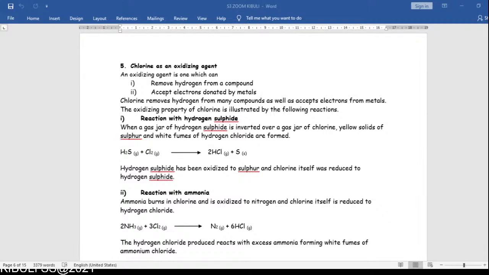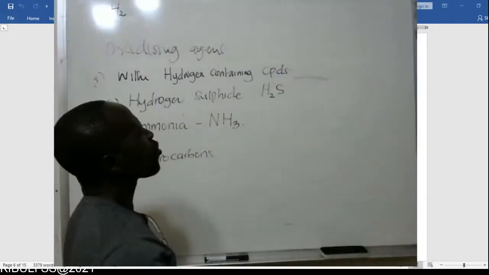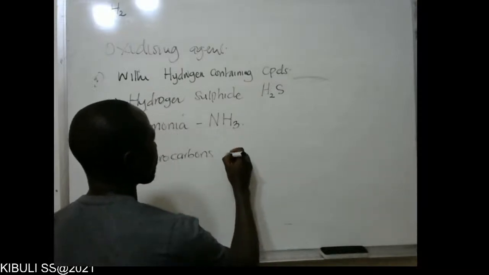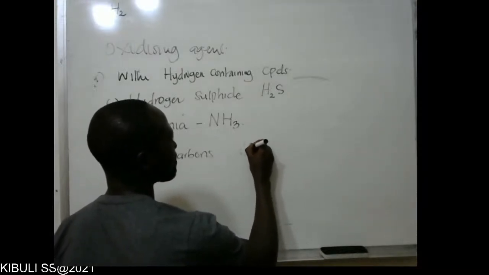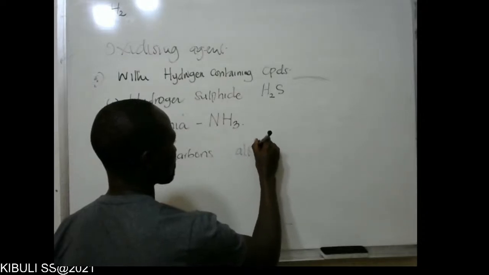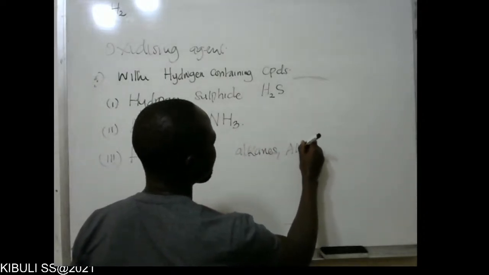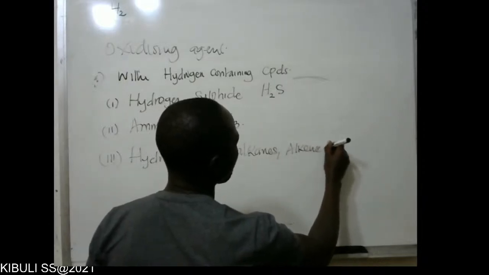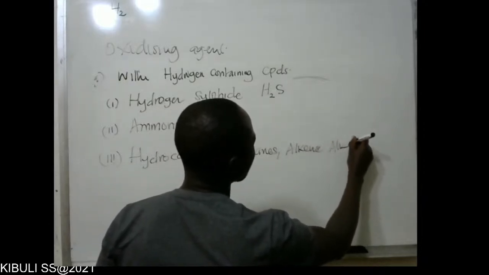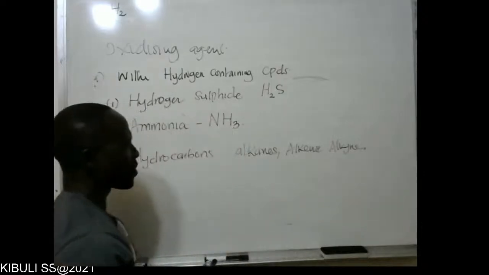So what is a hydrocarbon? Hydrogen and carbon formulae. There are quite a good number of hydrocarbons, ranging from alkanes to alkenes, alkynes, and so many of them.